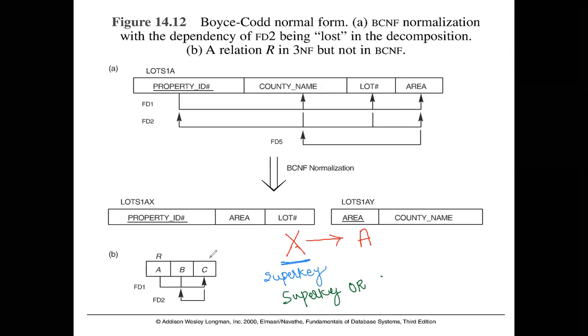So that is the difference between these two. So the difference between 3NF and BCNF: BCNF is more strict than 3NF. It is important to remember that the condition here is OR. If any one of them is satisfied, then we can say that the relation is in 3NF.